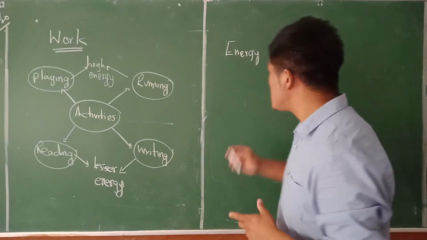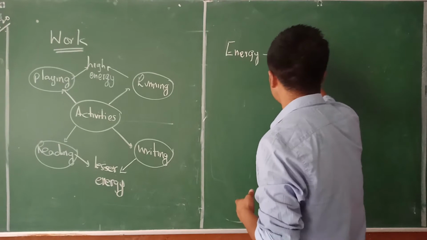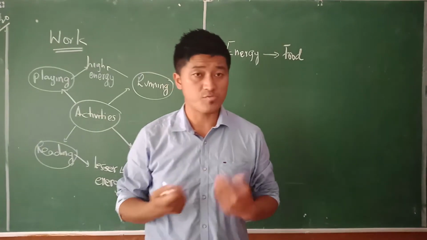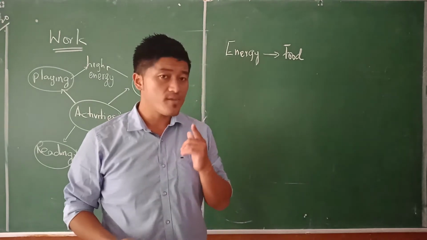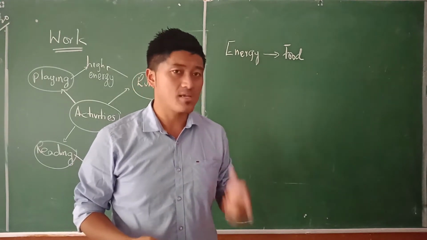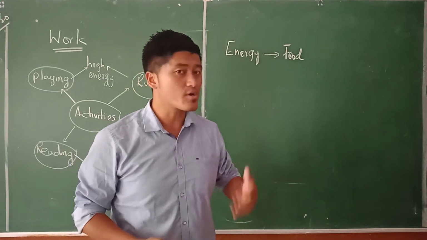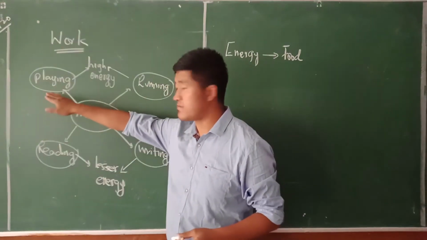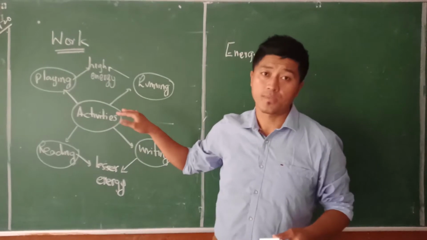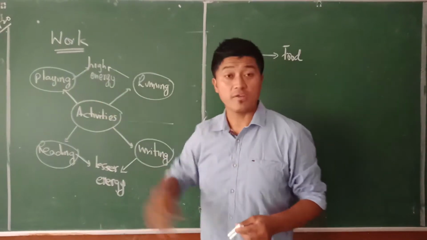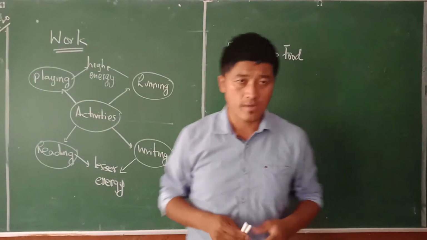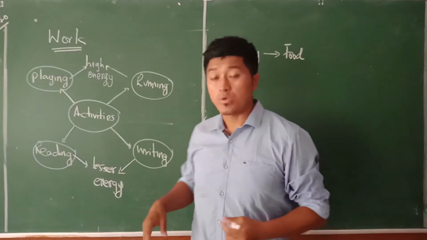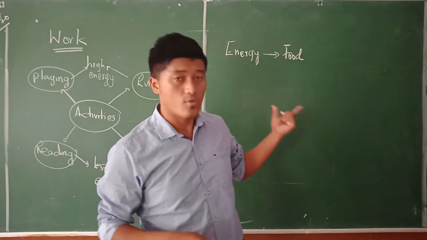We are getting this energy from the food which we take. Imagine if in our daily life we take less energy, then we will find it very difficult to perform activities like playing and running, because these activities need a very high amount of energy. So normally, the energy which we need comes from the food.